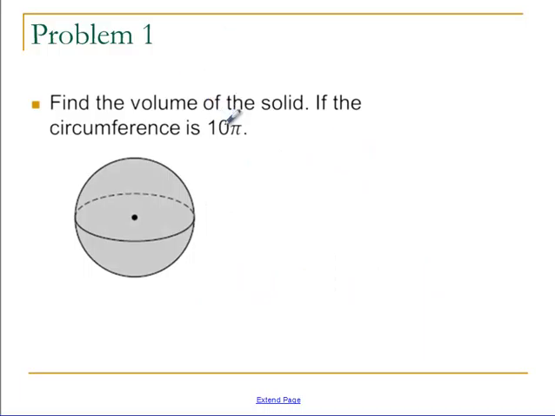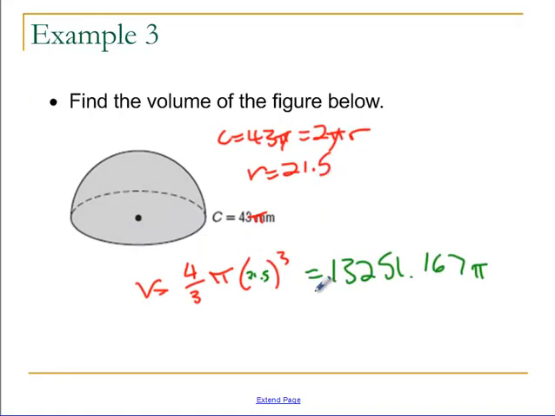Next problem. If the circumference is 10 pi, find the volume. So since circumference is 10 pi, that's 2 pi r. We can find that by canceling this and dividing by 2, that the radius is 5. So since the radius is 5, oh, hang on, let me go back. This is a hemisphere, which is half of a sphere. So I need to take that and divide that by 2. I don't know why I thought of that now.